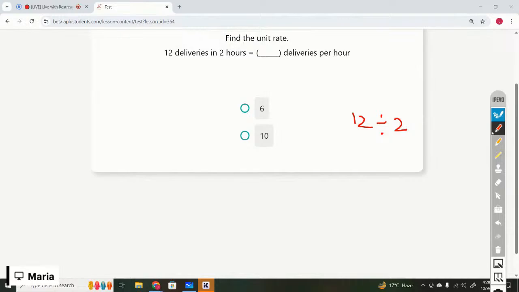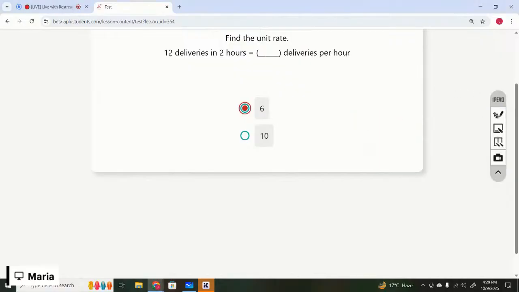So 12 divided by 2 is 6. Option number 1 is the correct option.